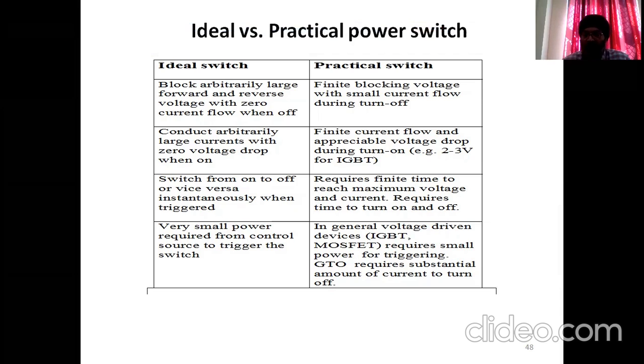But some of the devices need higher values of power, like GTOs, in practice. Ideally, all of these should be triggered with a very small power or control signal. In practice, it varies from device to device. MOSFETs and IGBTs require a very small amount of power for triggering. Others may require high values.